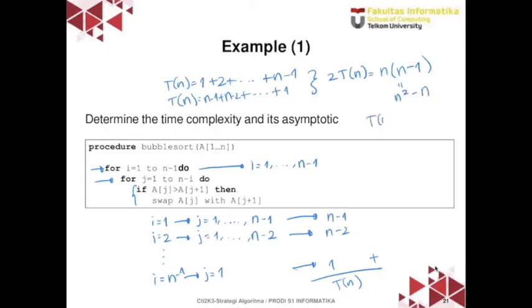So T(n) is half of n^2 minus half of n, which is of course less than or equal to half n^2. So we can consider this as c, and it holds for any n, so we can have it as n0. So the asymptotic for this algorithm is in big O of n^2.